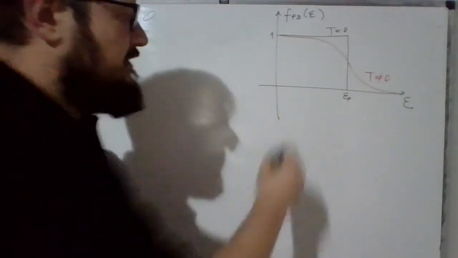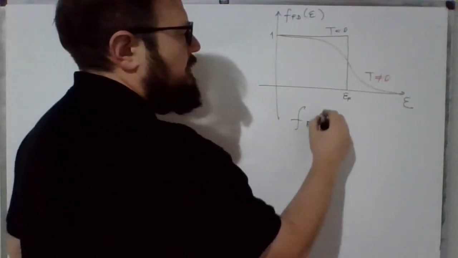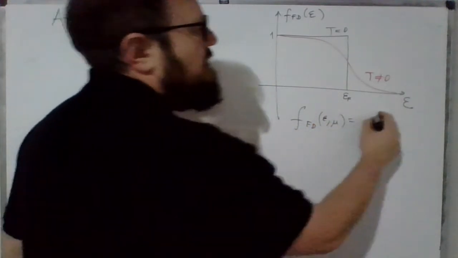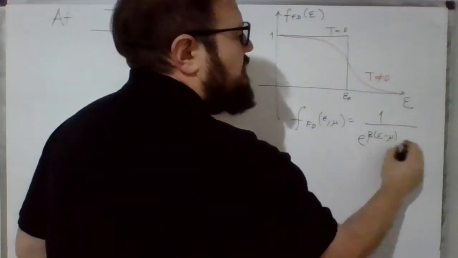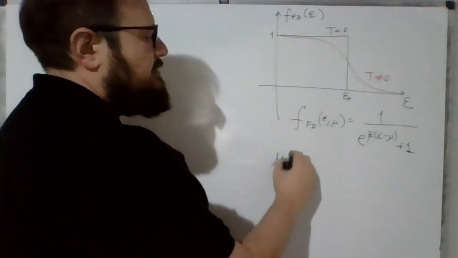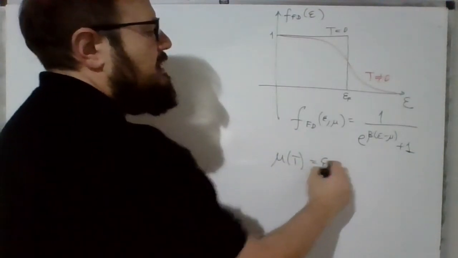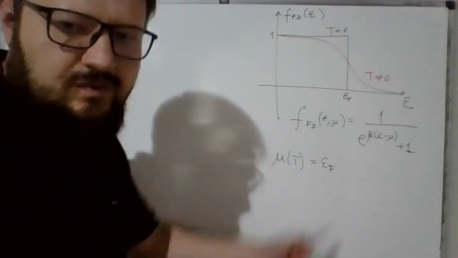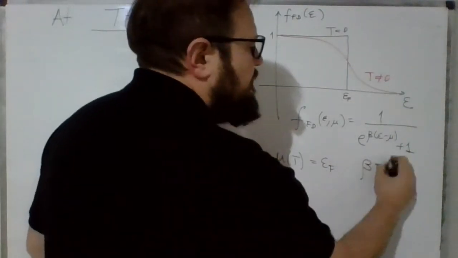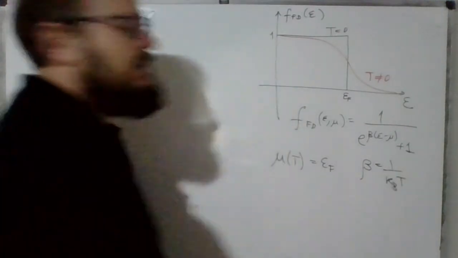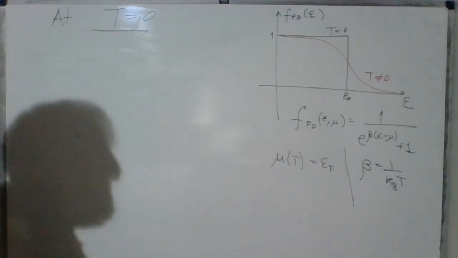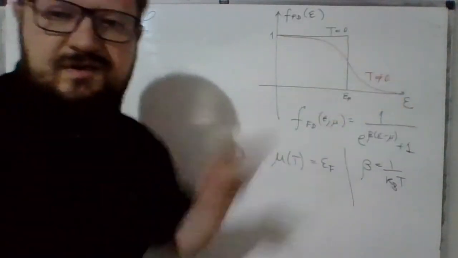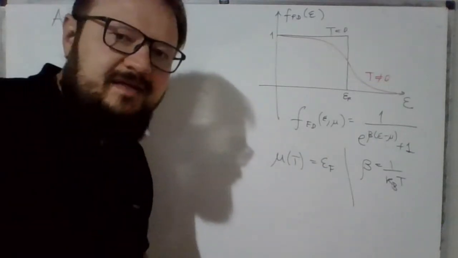This is the Fermi-Dirac distribution, which related to the chemical potential is written the following way: 1 over e to the beta times energy minus chemical potential, plus 1. The chemical potential at 0 temperature is equal to the Fermi level. And beta is the reciprocal of the temperature, just for you to remember that fact. These are important aspects of the Fermi-Dirac distribution. So at temperature equal to 0, the Fermi-Dirac distribution is step-like, and we will take that into consideration.